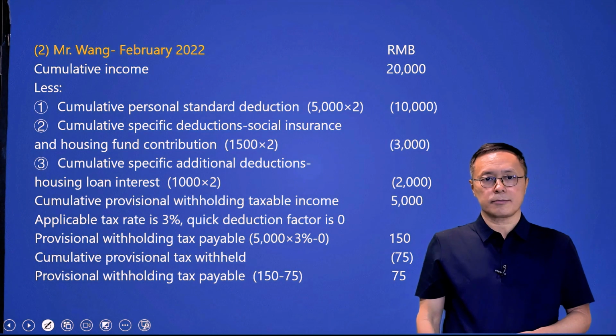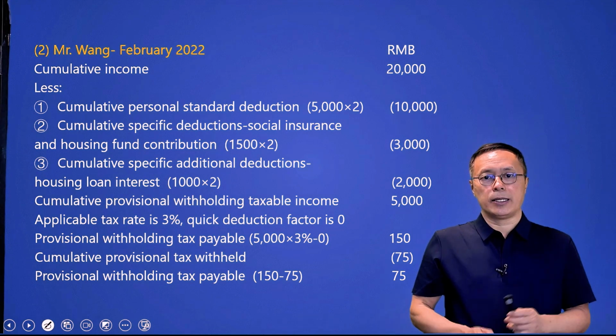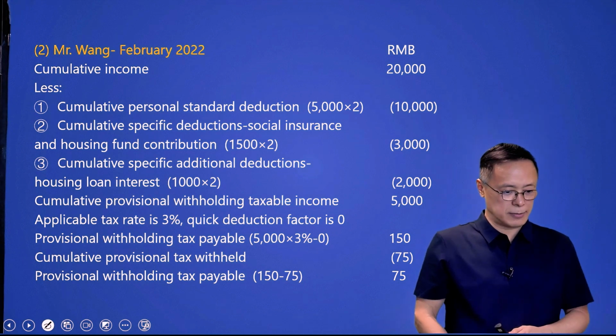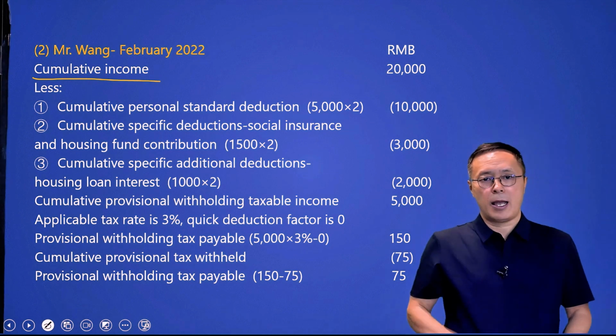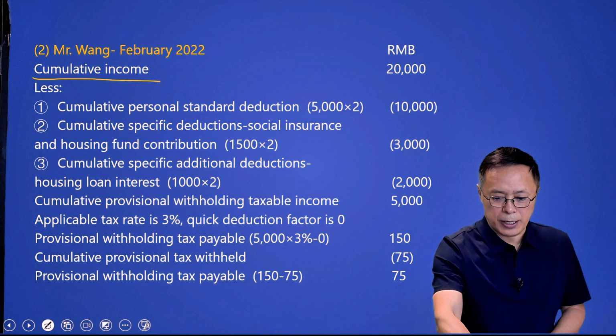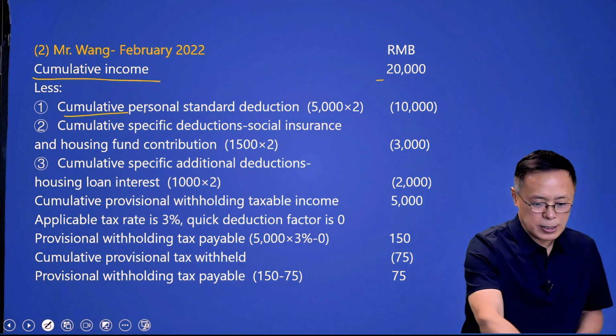Now, we are coming to February. For Mr. Wang in February 2022, the calculating process of provisional withholding tax payable is as follows. The first one, cumulative income. Up to February is 2 months, so the amount is 20,000.